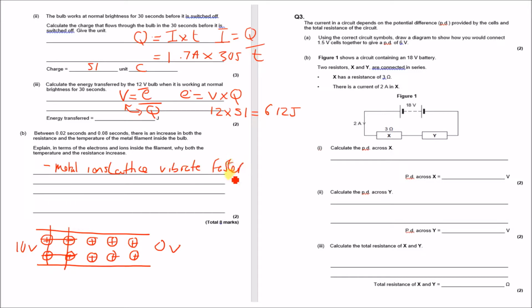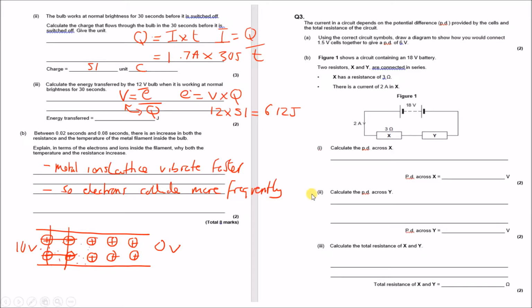If they vibrate faster, they're going to cause collisions with the free electrons moving through the wire. So as they move up and down at a faster rate, they're going to collide more frequently with the electrons. So with the second part, we're going to say the electrons collide more frequently.